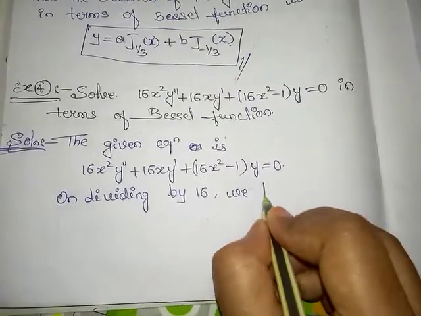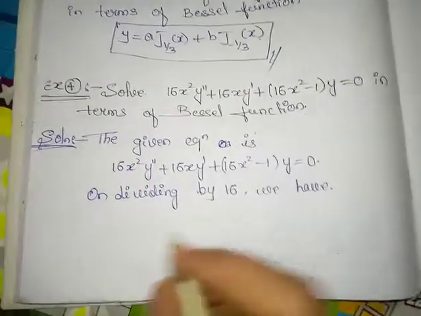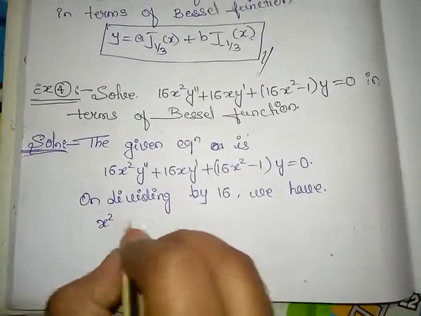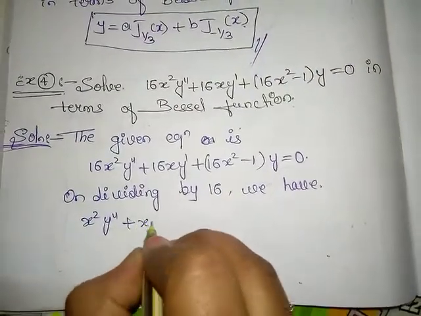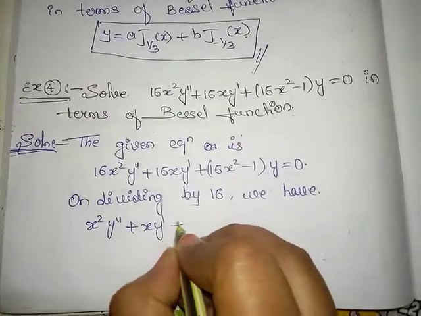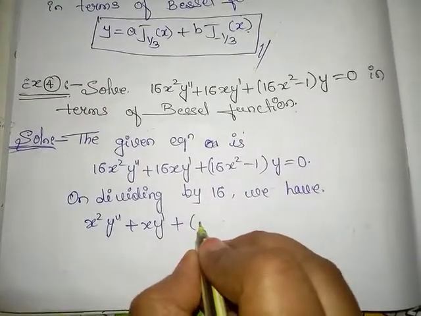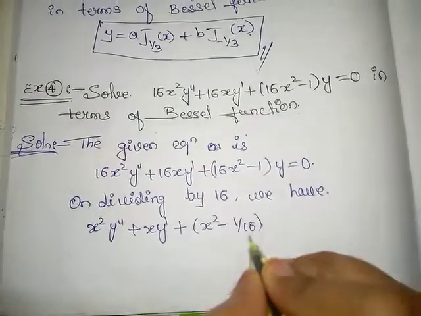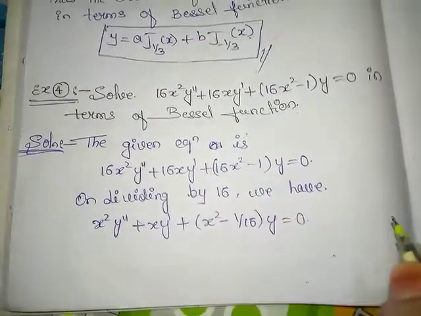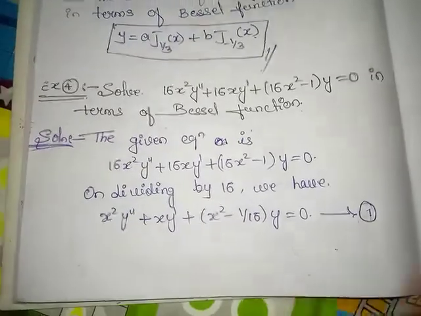We have x square into y double dash plus x into y dash plus, on dividing this, x square minus 1 divided by 16 into y is equal to 0. Name this as equation 1.